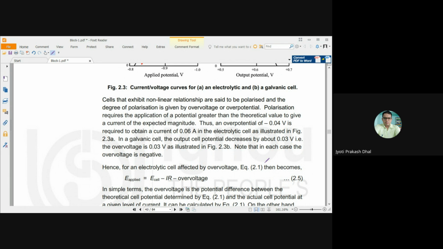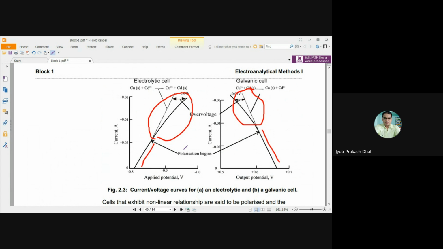Thus, an overpotential of minus 0.04 volt is required to obtain a current of 0.6 in the electrolytic cell, as mentioned in the figure. Here you can see this difference, that is minus 0.04 volt.